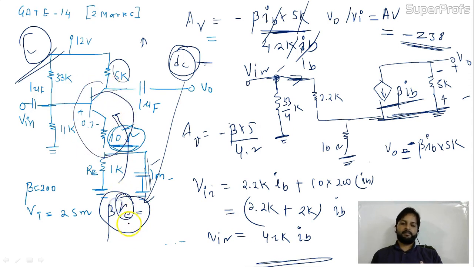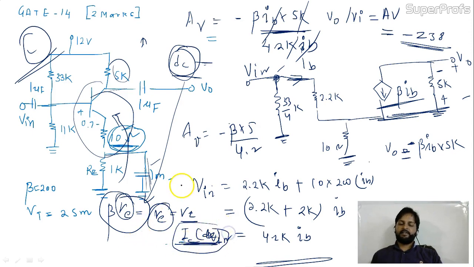This RE will come from DC analysis only, because RE is nothing but VT divided by IC DC. So to calculate RE, you need the value of IC DC. For the IC DC, you will do the DC analysis of the circuit. After doing this, you will have RE.